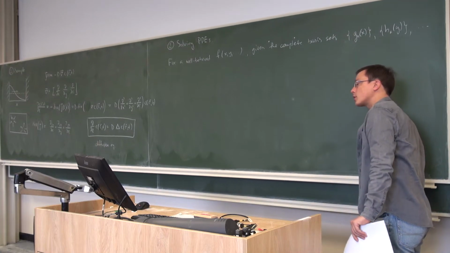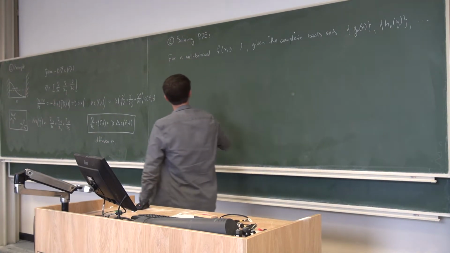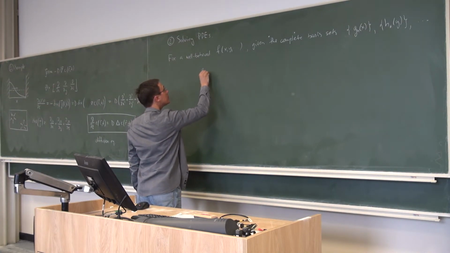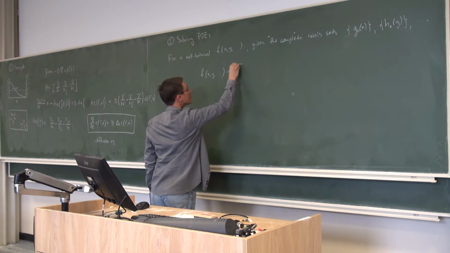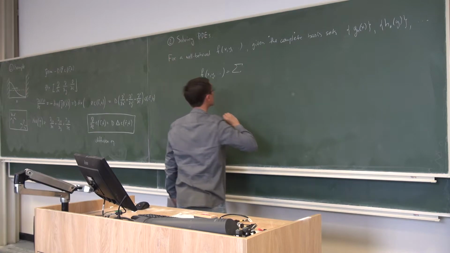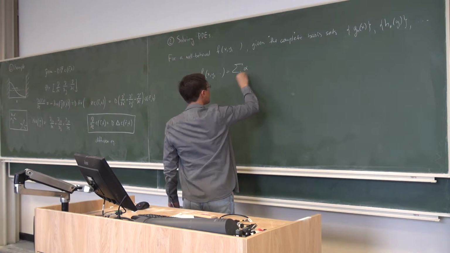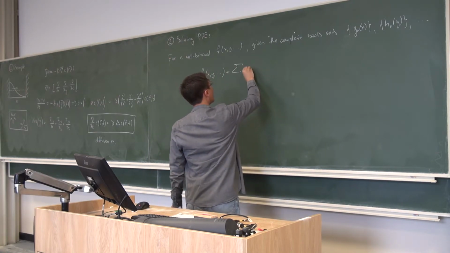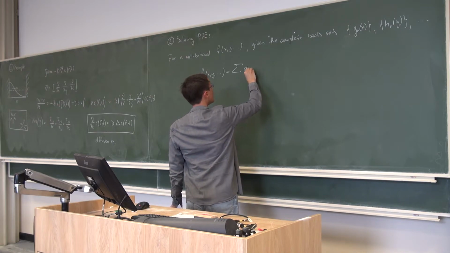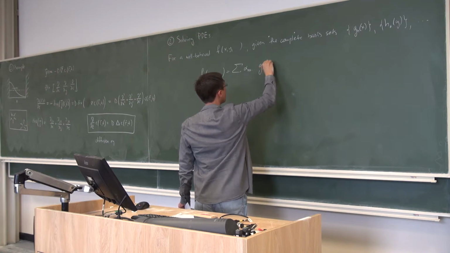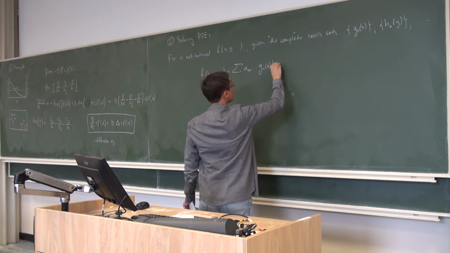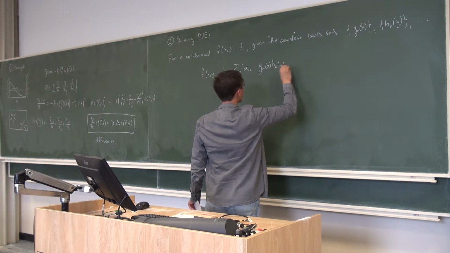Any such function can be expressed in the following way. We have f of x, y, and possibly other coordinates, will be a sum of some coefficients n, k, and so on, gn of x, hk of y, and so on.